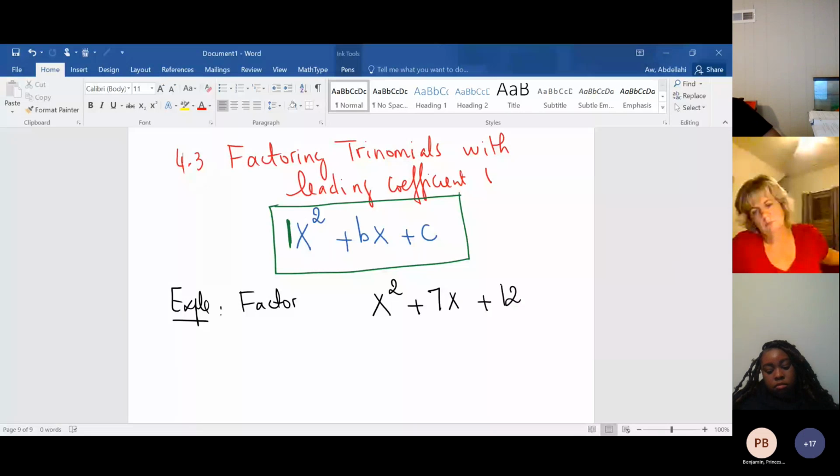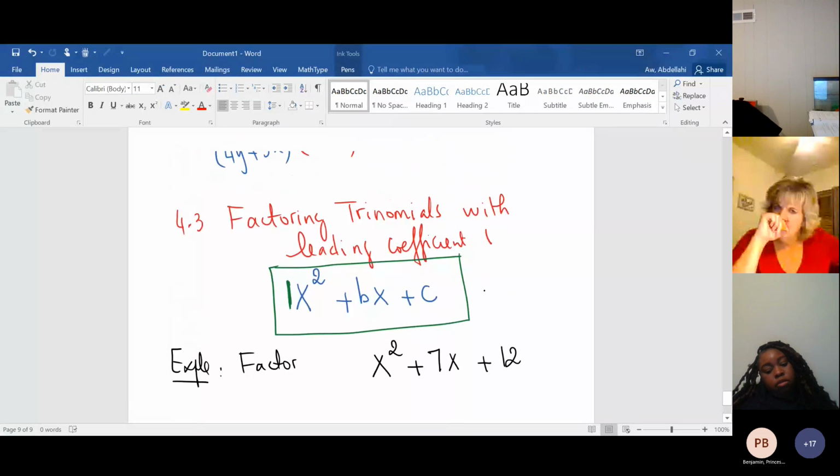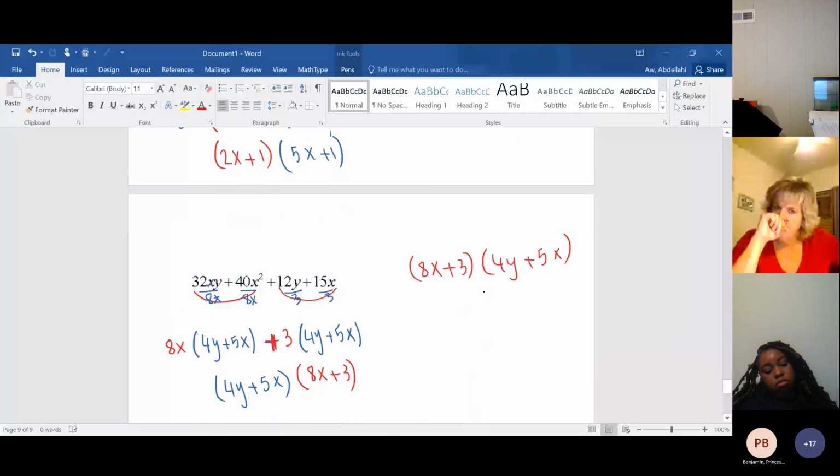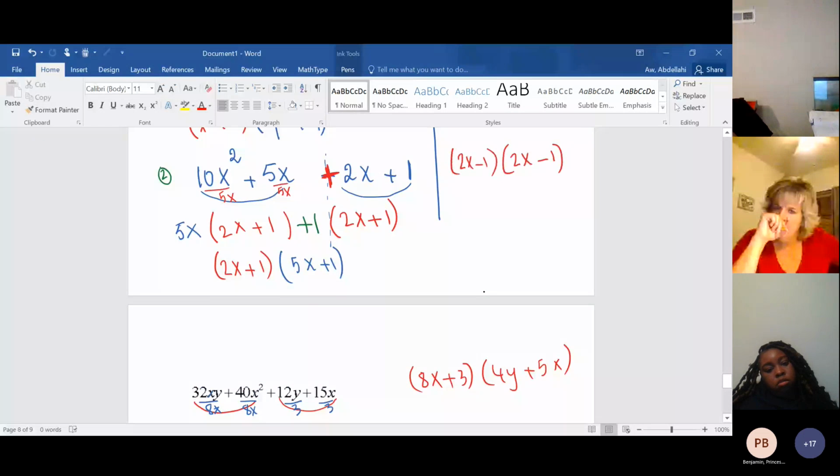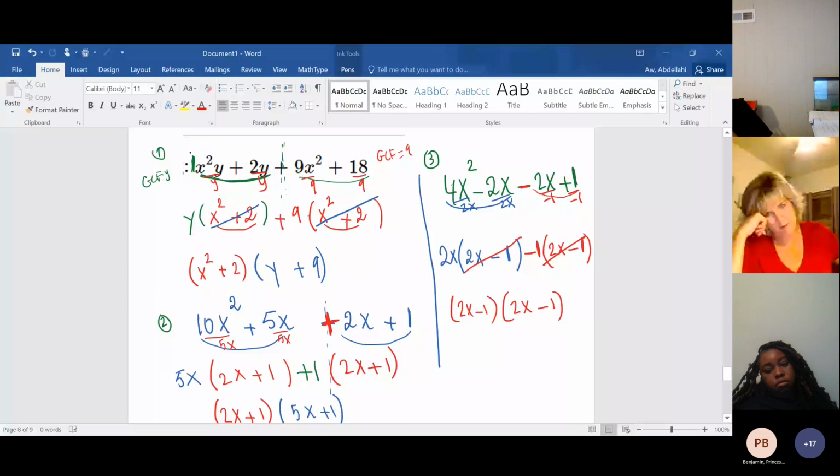By grouping, all the examples we did, how many terms did we have originally? We had 4 terms and we grouped them 2 by 2. And here, how many terms do we see?